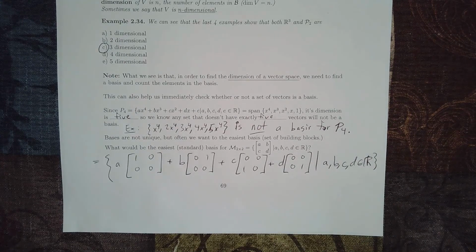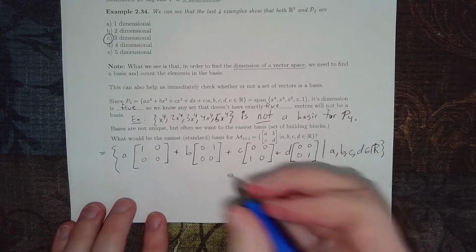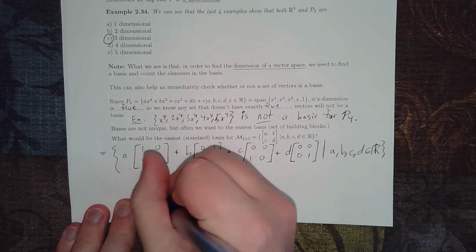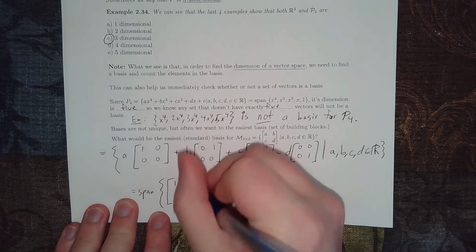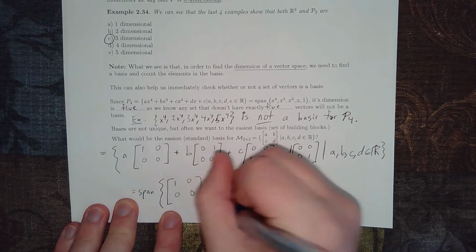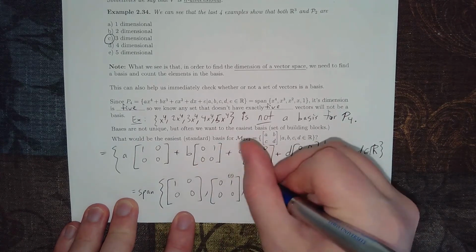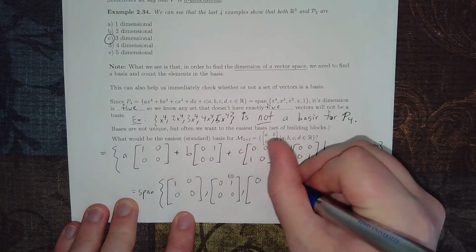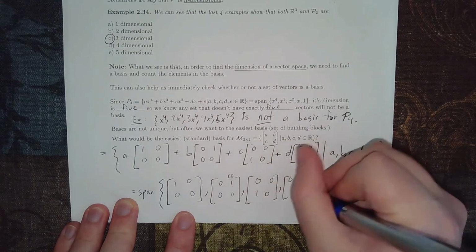So this is just the span of [1, 0, 0, 0], [0, 1, 0, 0], [0, 0, 1, 0], and [0, 0, 0, 1].